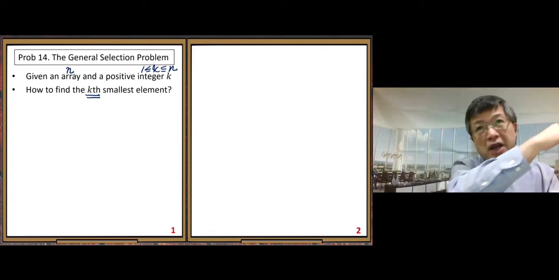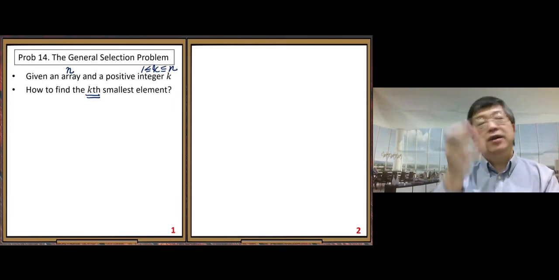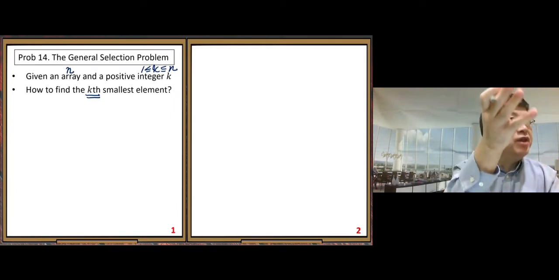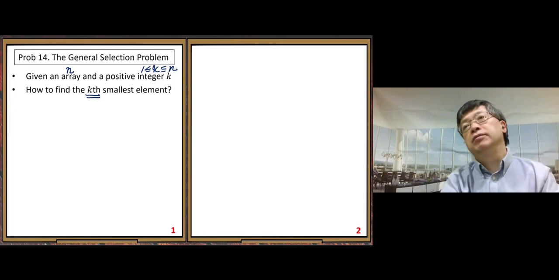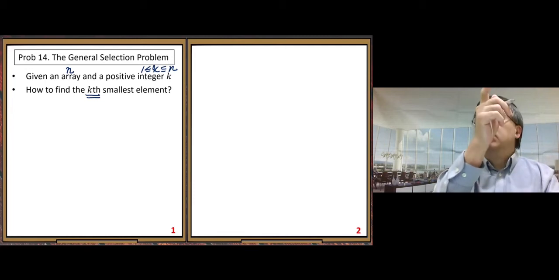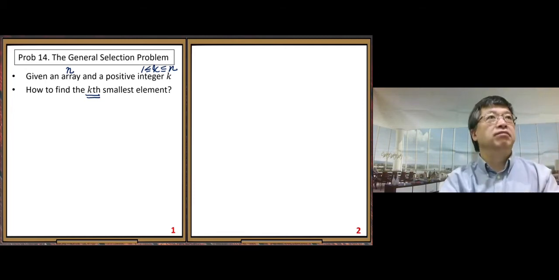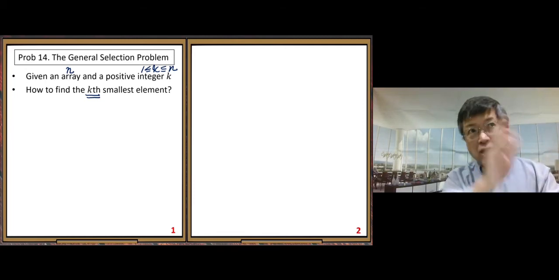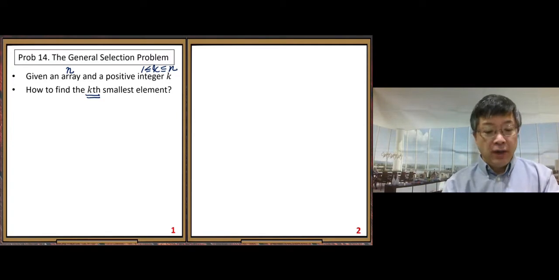For example, you just get the whole array sorted. Then it is very easy to get the kth smallest. But we want to have the fastest possible algorithm. So that's hard. That's very hard.